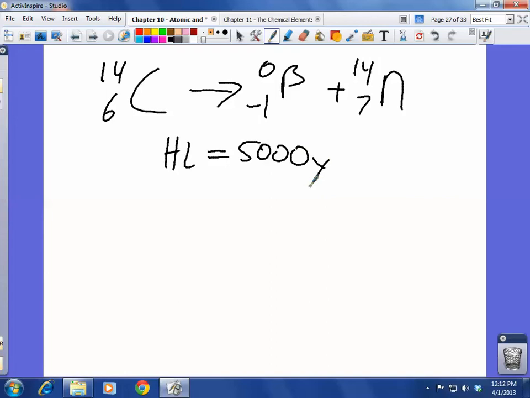So it's very, very slow. If I start with 200 grams, it takes 5,000 years for it to go to 100 grams.